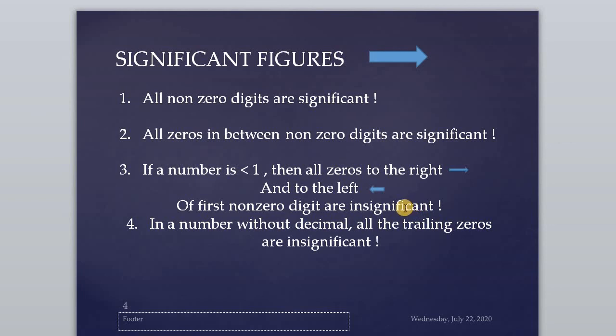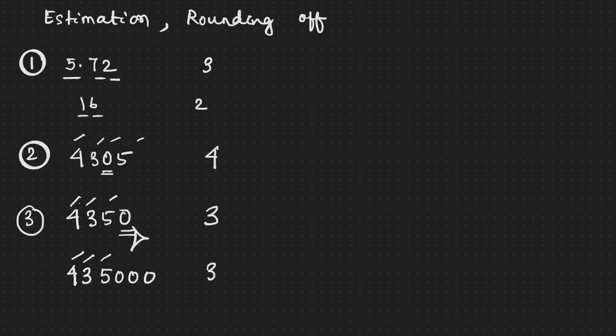In a number less than 1, let me write it as number 4, 0.05. All zeros to the right of the decimal point and to the left of a non-zero digit are not significant.